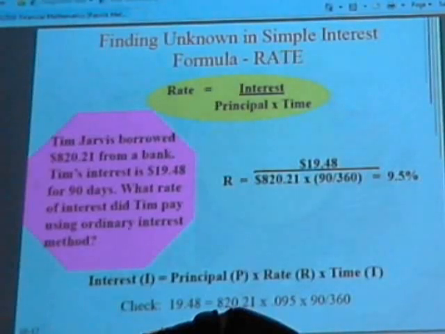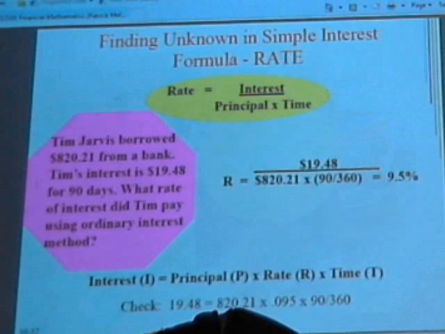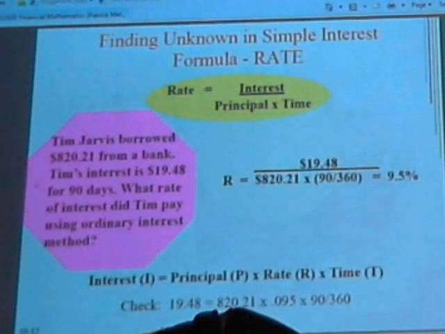Got it? That one, good. It's 2.5. Now again, in this particular problem, you can use 90 or turn 90 over 360 into 0.25, 1/4, same thing.